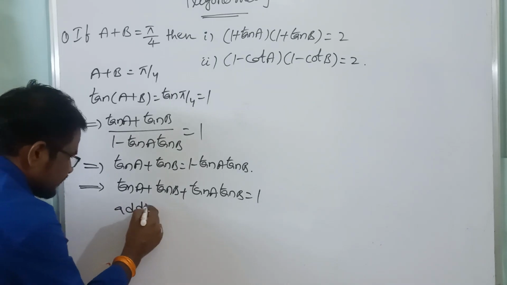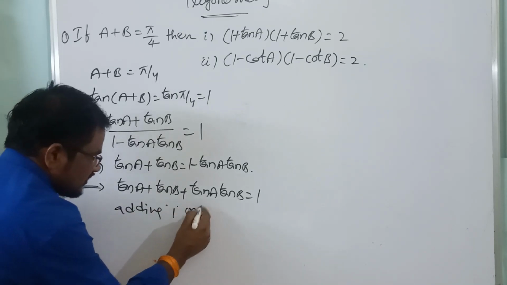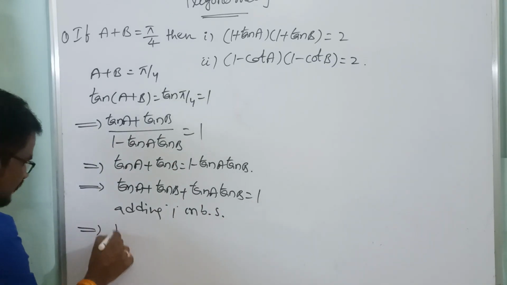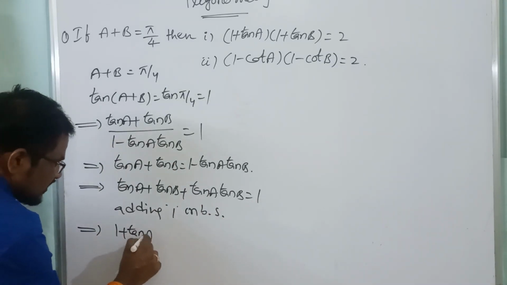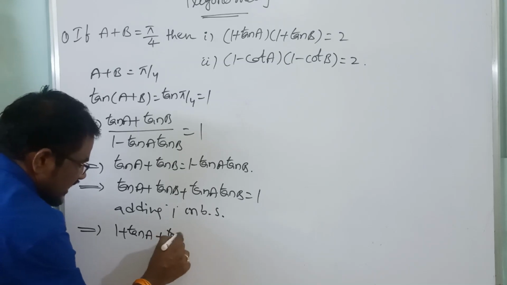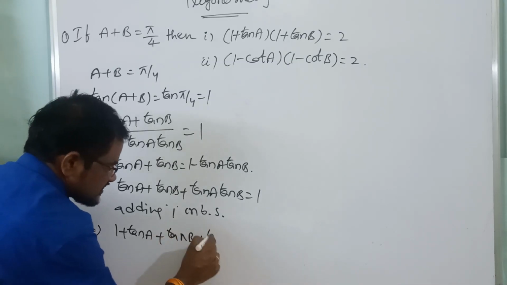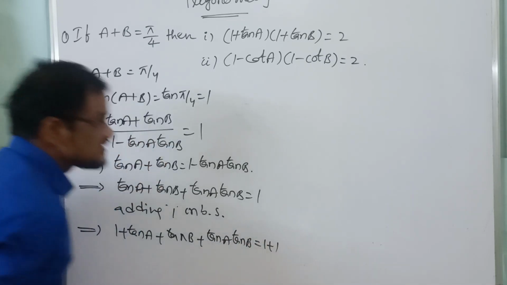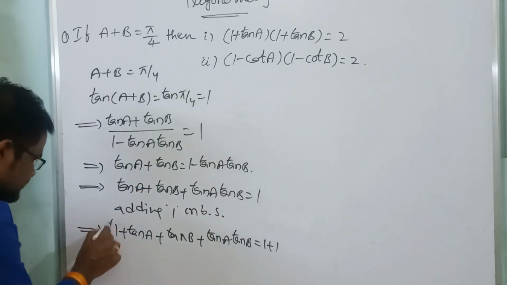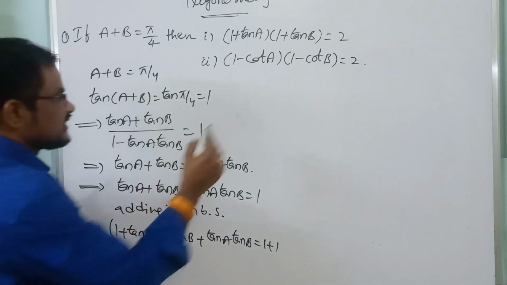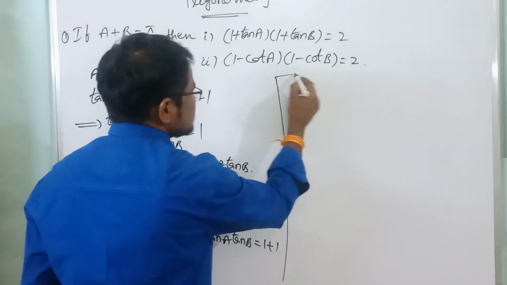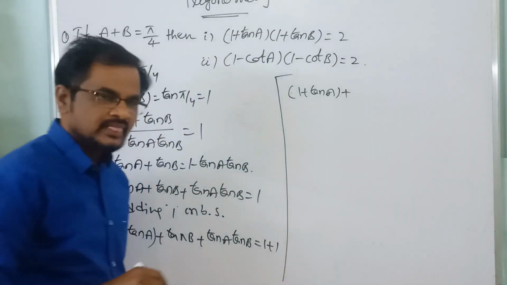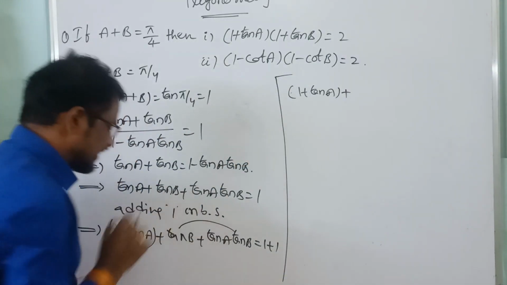Adding 1 on both sides, that implies 1 plus tan a plus tan b plus tan a into tan b equals 1 plus 1. Observe here: 1 plus tan a, write that as it is, plus, from these two, tan b common.